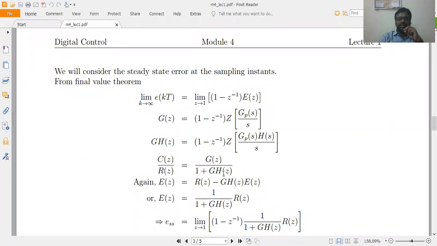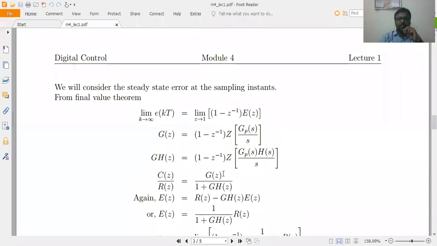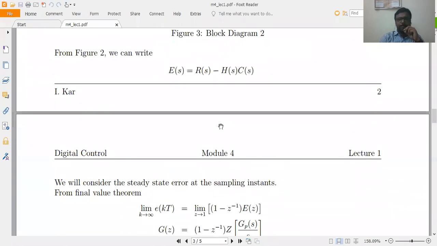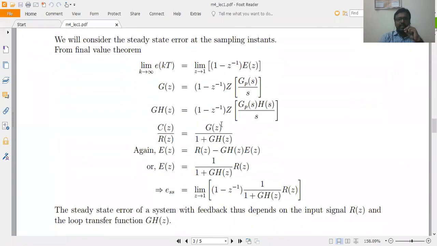And from this particular expression, we can take E of z as R of z minus GH of z into E of z.